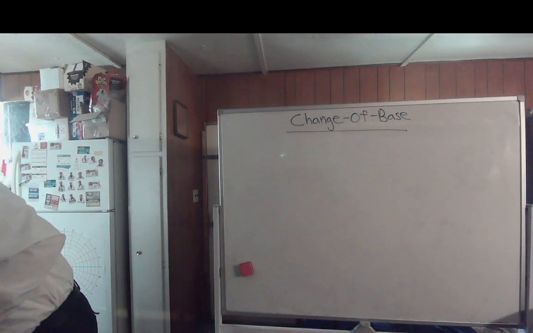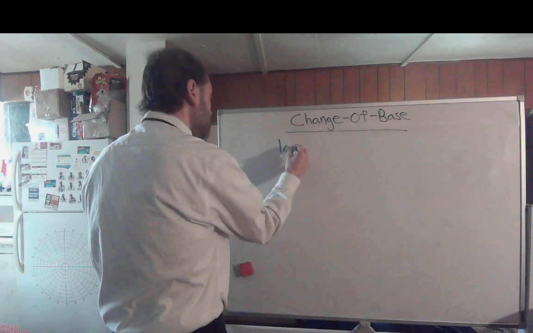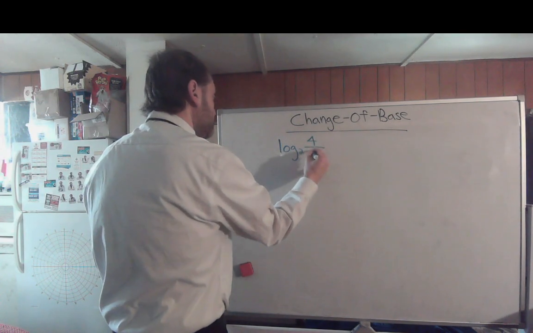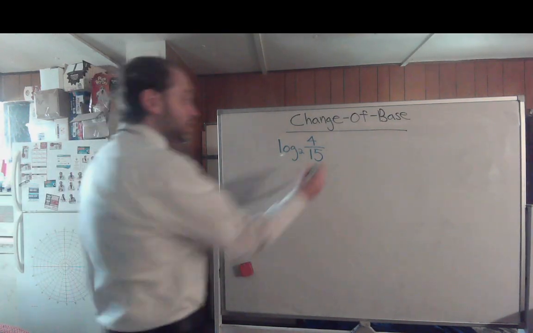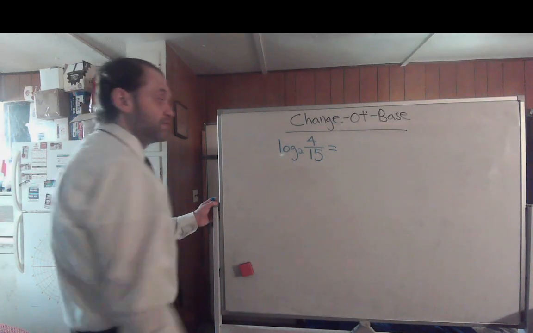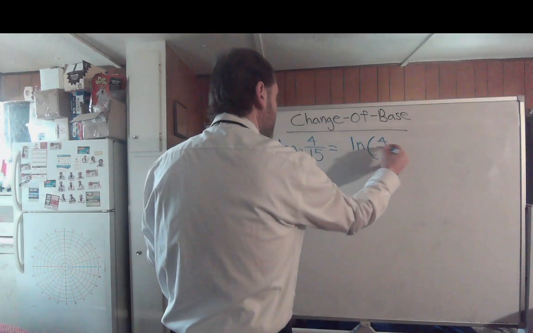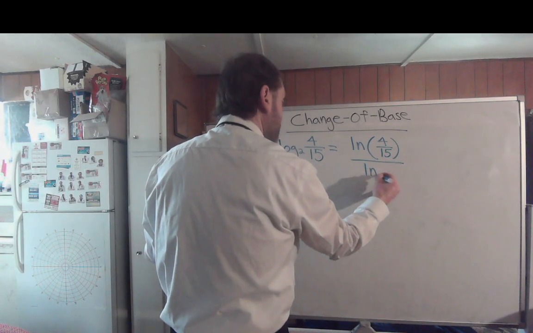All right, two more. We have log base 2 of 4/15. So log base 2 of 4/15 would be the same as the natural log of 4/15 divided by the natural log of 2.